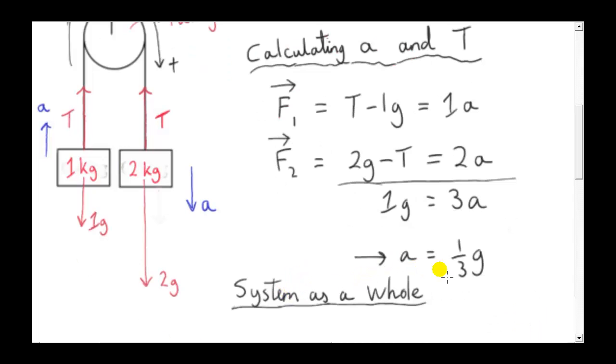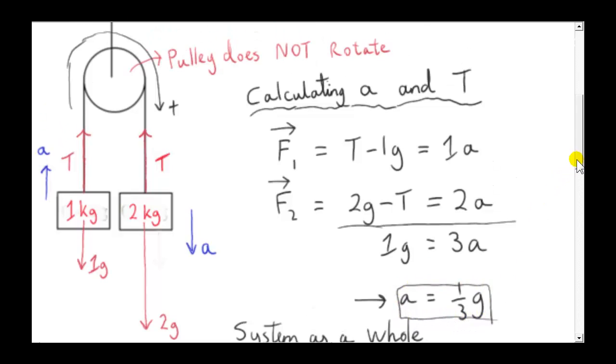Now we could have arrived at this answer by considering the system as a whole. So the system consists of the two particles and a string. So what are the forces on the system? Well, these two forces are internal forces on the system, so we could ignore these forces. We're only interested in external forces on the system, and the external forces are the weights of these two particles.